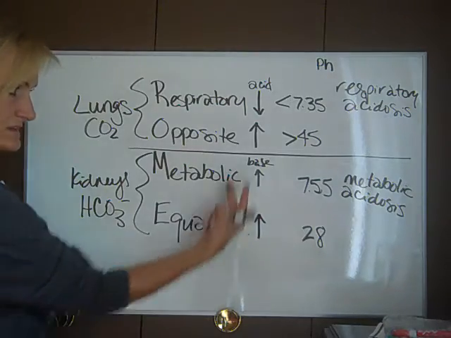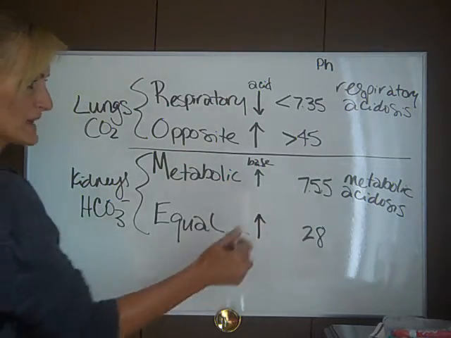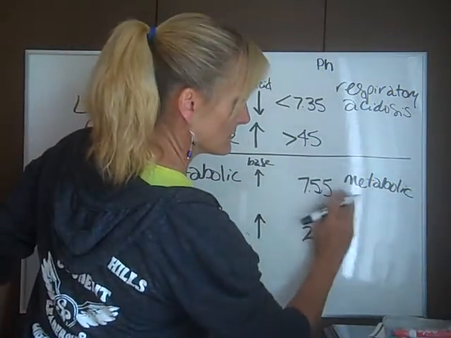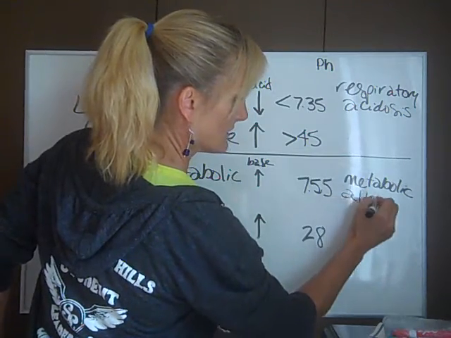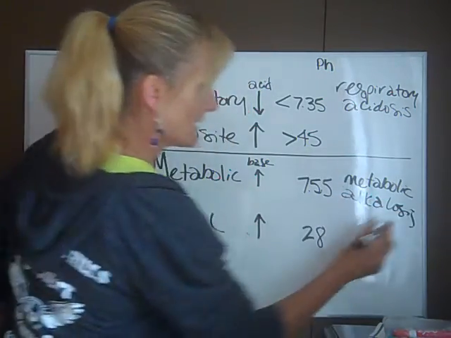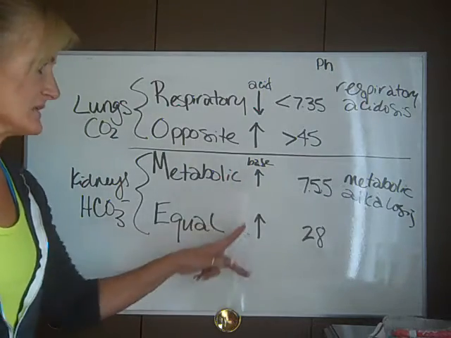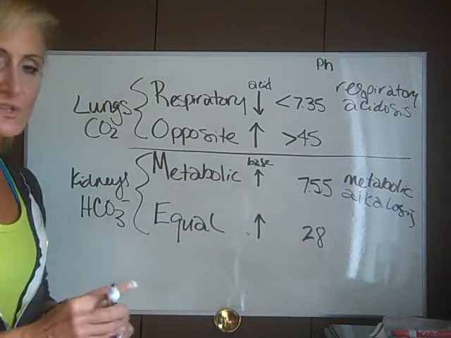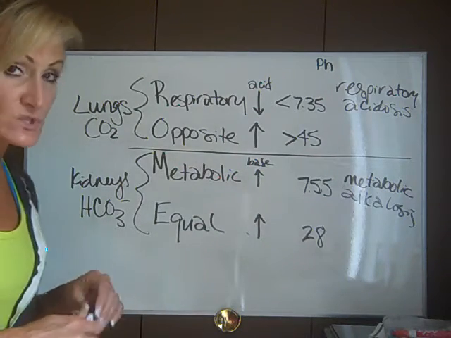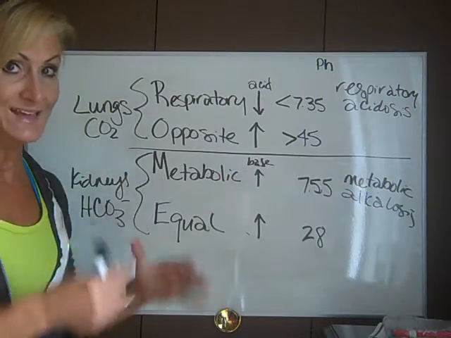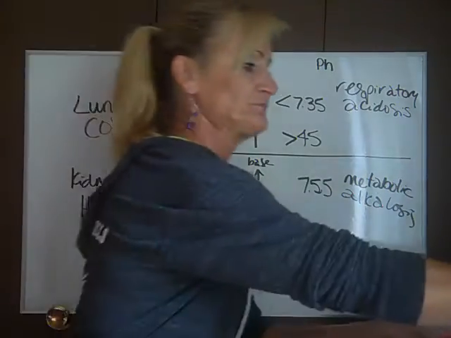See how those are both going in the same direction? So now you have metabolic alkalosis. You see how I did that? Alkalosis, because these two arrows are both going in the same direction. So that's one little trick to figure out, do I have an acid or a base problem?